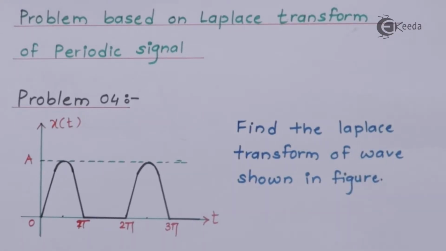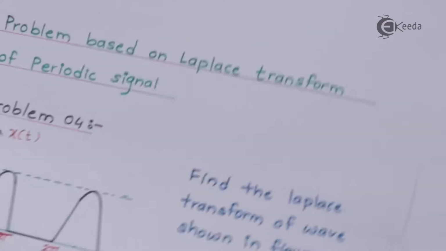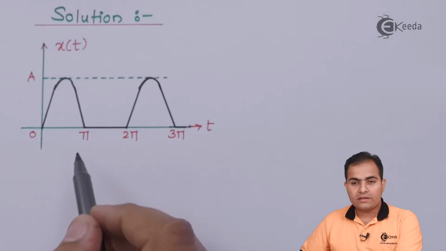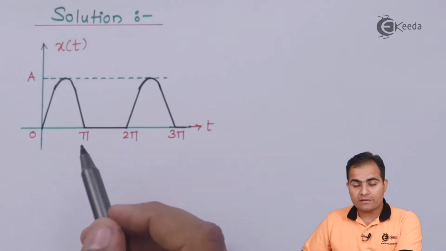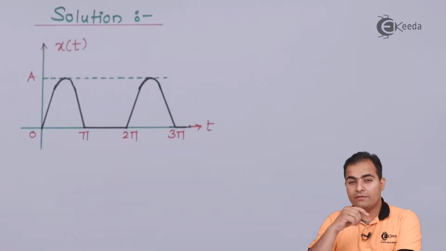So first of all we will write its formula, and before that we'll find out the equation of x of t. Now this was the graph, and as I told you earlier, we have to find out the Laplace transform of only the first period.